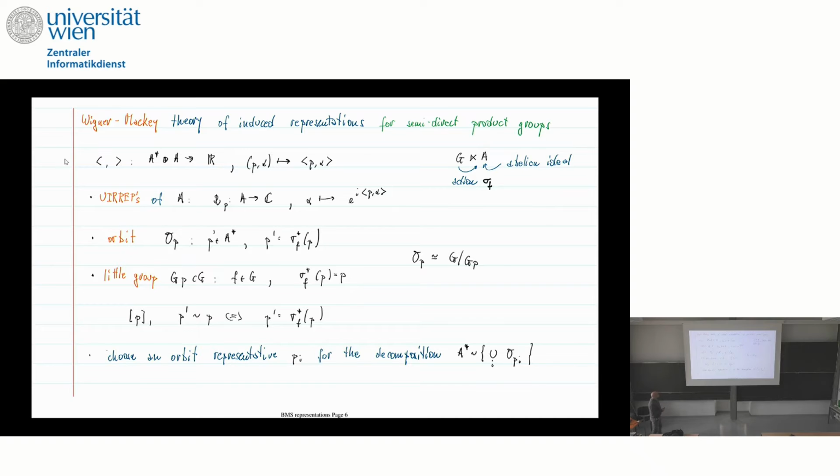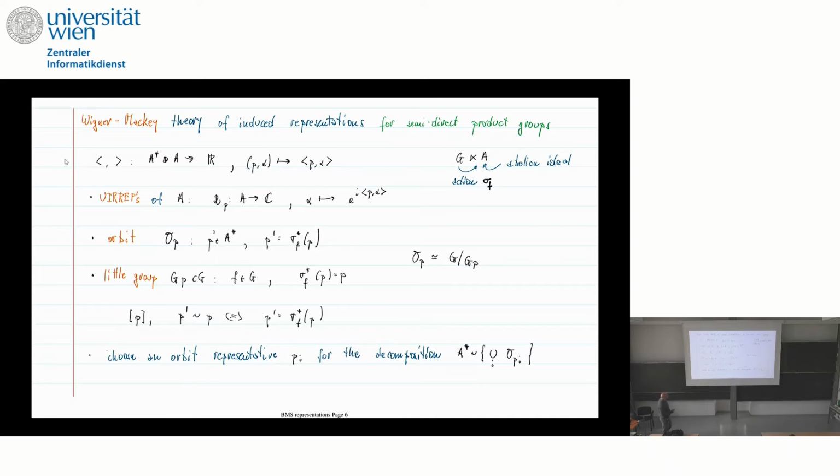So the orbits that you are looking at: you look at the action of the rotations on this dual of the translations, and you are trying to see which of these momenta are related to each other by an action of the group. This defines an orbit in the space of momenta, in the dual A star.